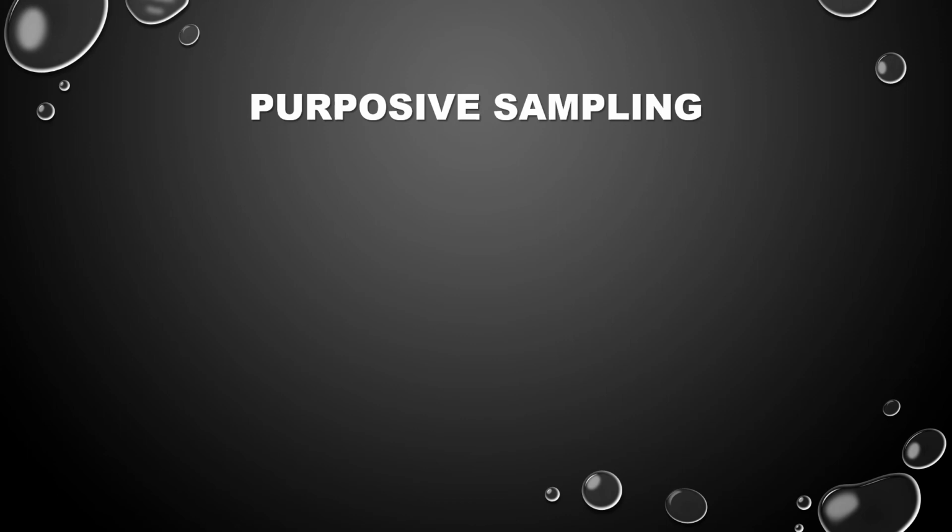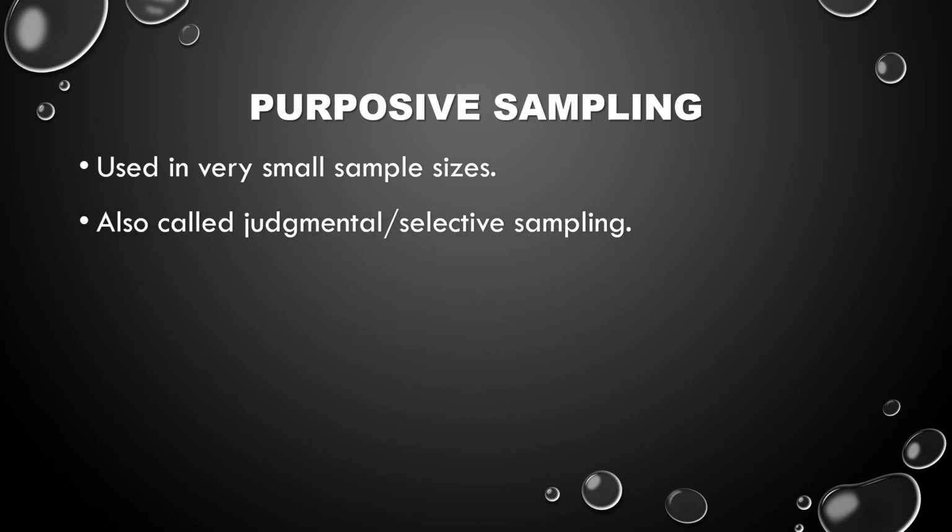Purposive sampling, from the word itself, purpose, meaning you are going to base your sampling technique on the purpose of your study. So this is used in very small sample sizes. Also called judgmental because you will be choosing the sample based on your judgment.